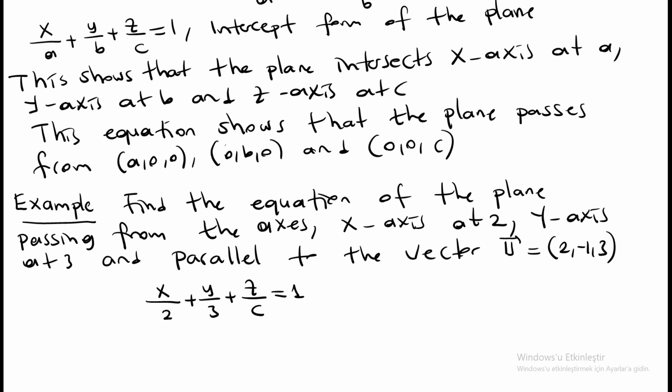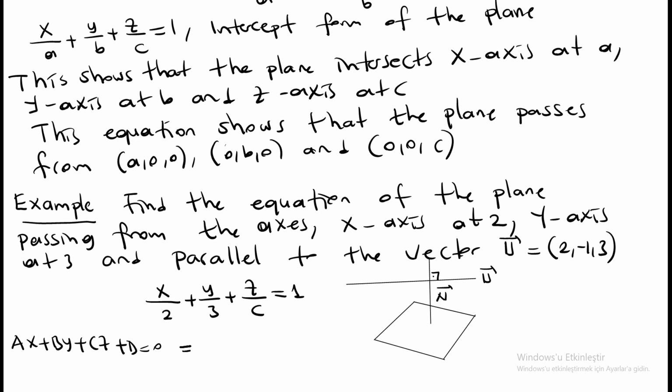And because the plane is parallel to this vector, it means this n will be perpendicular to this vector. Because we know our plane will be a times x plus b times y plus c times z plus t equals 0, right? So it means you have this one, n 1 over 2, 1 over 3, and 1 over c. This is n. And n is perpendicular to u.